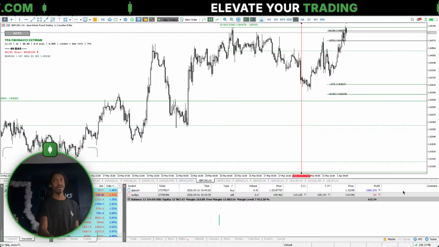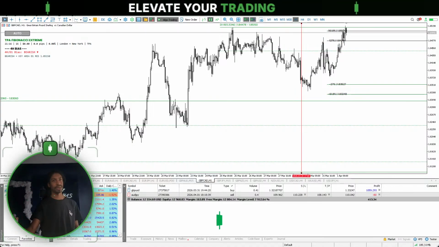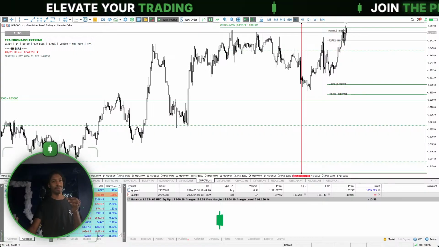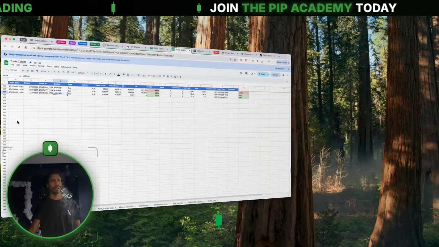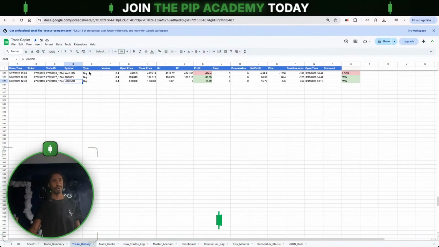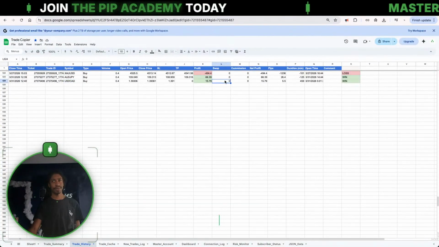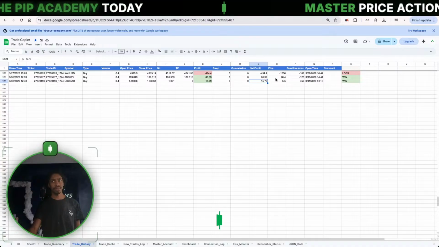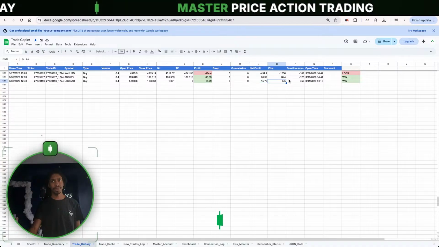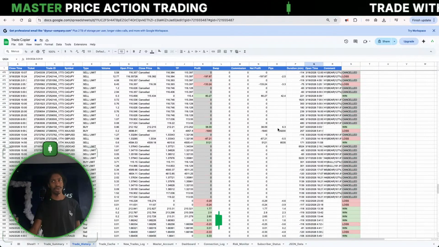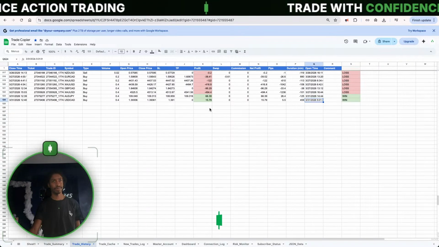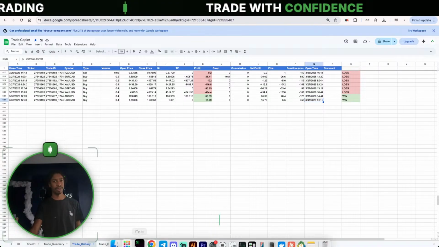Normally the expert advisor is always on, but it could have been off during that moment. That's the only explanation I can have for this. But we see the pip count, duration, all these things are tracked, whether it's a win or a loss.